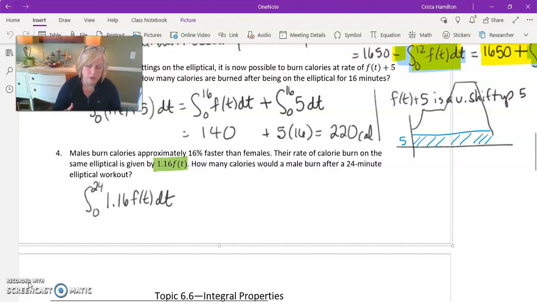Now, hopefully, as you saw in question number 3, this works very similar to the derivatives and antiderivatives that we had talked about before. So now that we're looking at a scalar multiple, hopefully you'll remember that it's just a rider. When you take the derivative of a function that has a scalar multiple in front of it, 5 times x, the derivative is 5 times 1, the derivative of x.